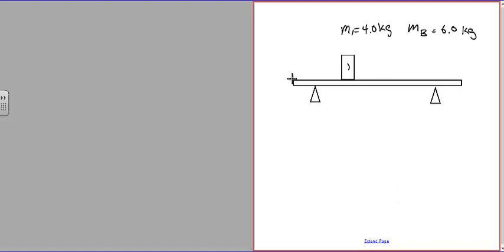Now typically if we have a uniform beam, instead of distributing the mass equally along the beam, we can put it in one place, the equivalent. So we can replace the mass of the beam by a single mass at the middle of the beam if it's a uniform beam.